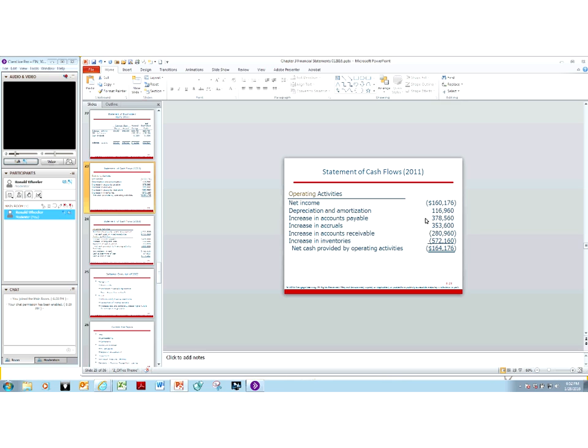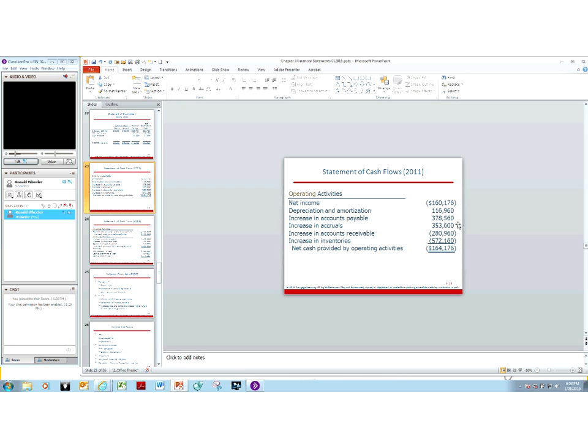It's not always that way because there are often in the preparation of it adjustments and reconciliations to get to the final end number. But what you can see from this example is by increasing accounts payable, perhaps that was a function of paying vendors more slowly, we generated cash of $378,000.